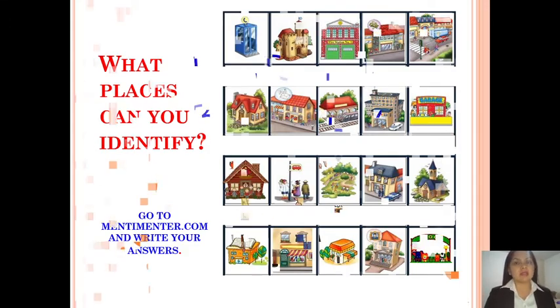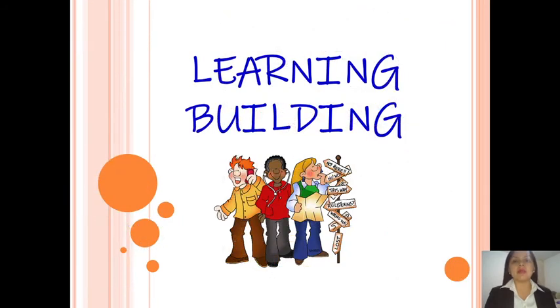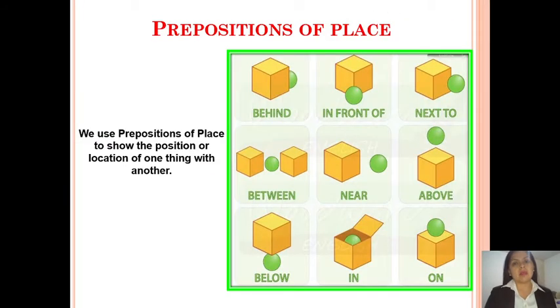Okay, let's continue with the learning building. Prepositions of place, and when do we use prepositions of place? Let's read. We use prepositions of place to show the position or location of one thing with another. Okay, so we are going to check some examples of the prepositions.